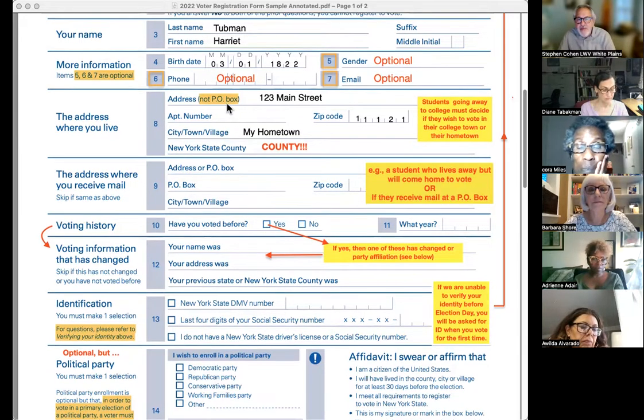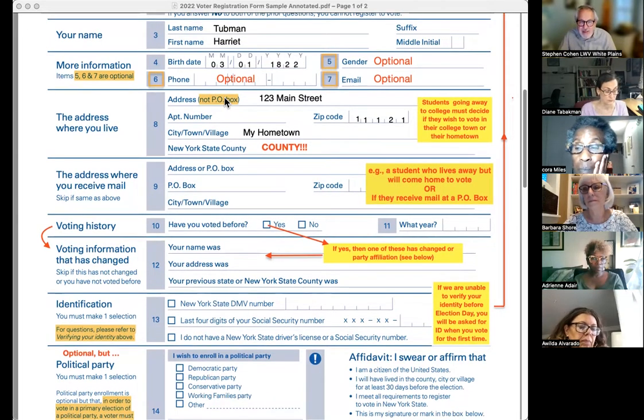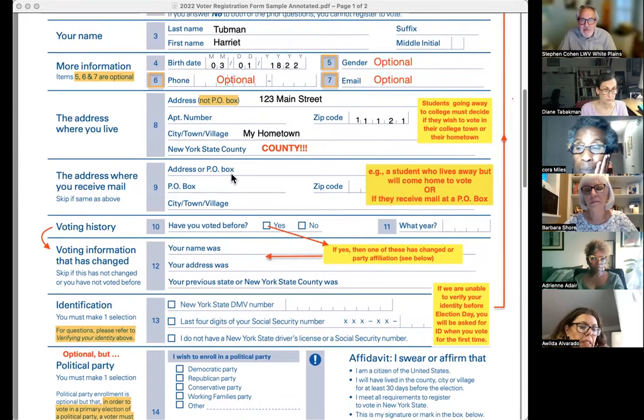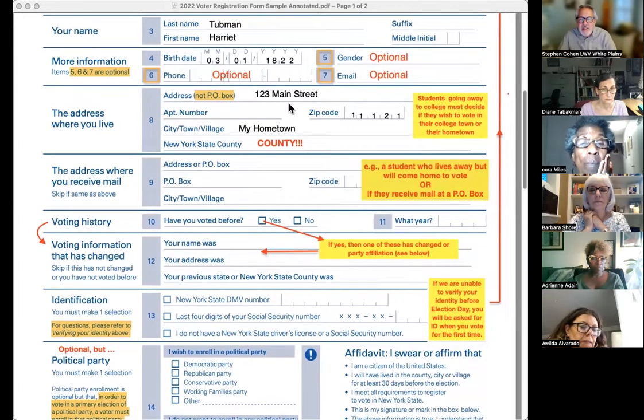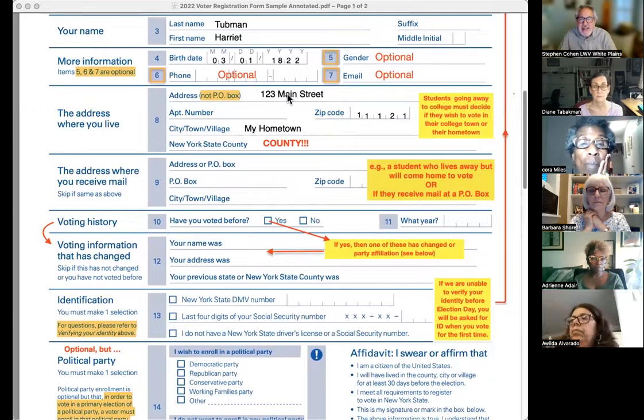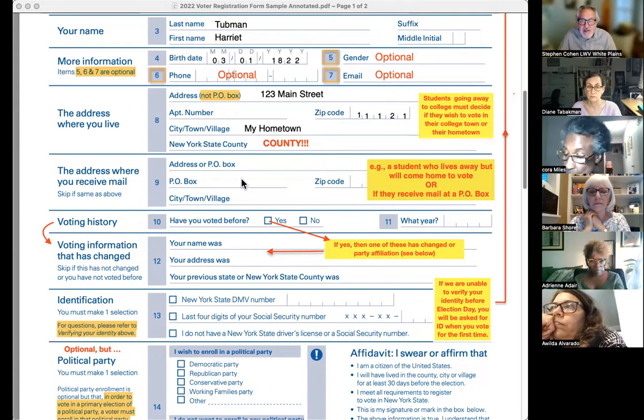The other thing I will point out is that someone may live in a house where the mail is delivered and collected from a PO box. So again, the requirement for item 8 is that the address at which the person resides is entered in item 8. And item 9 is simply where the Board of Elections should send any mail or notifications it wants the voter to be aware of.